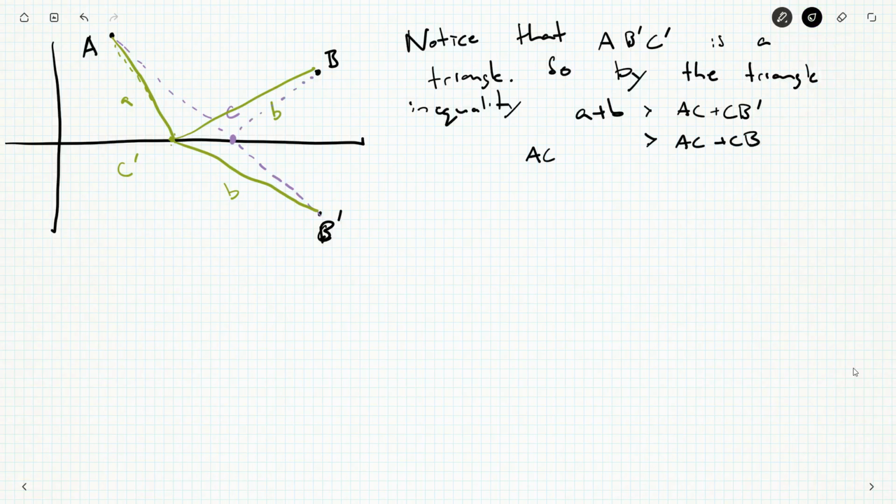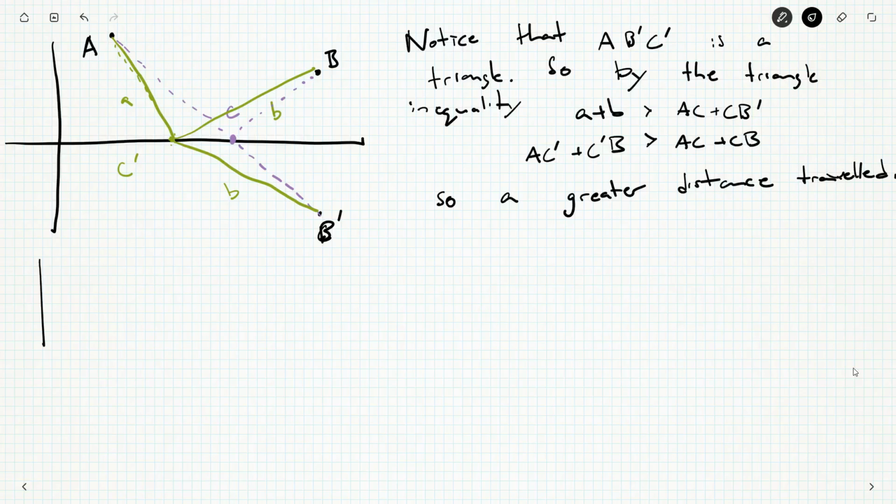So that's AC prime plus C prime B. And that means we have a greater distance traveled. Okay, so C prime couldn't give us a shorter distance.